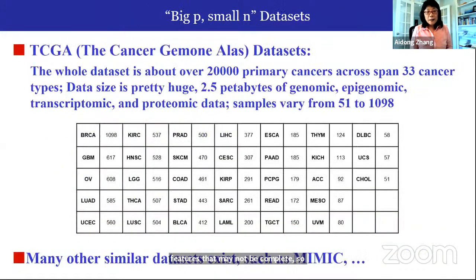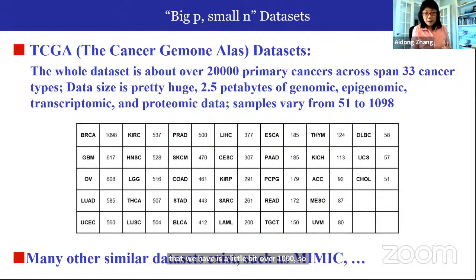So I bring you the famous TCGA data sets. You can see they have 33 different cancer types with 20,000 primary cancer samples. However, if you look into different types, each type of cancer only has a few hundred samples, and the best we have is a little over 1,000.